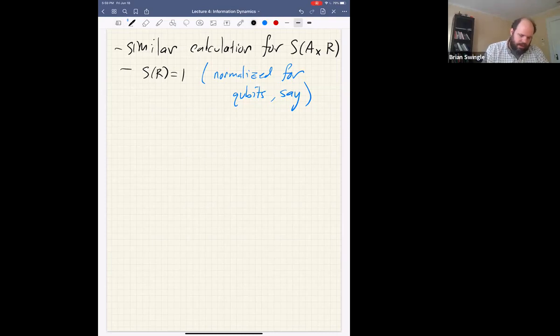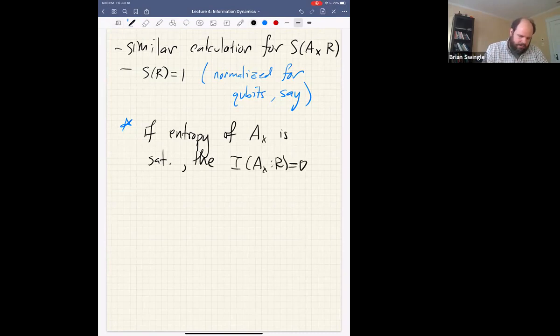So then we have the following conclusion. If the entropy of AX is saturated, then the mutual information between AX and R is equal to 0.